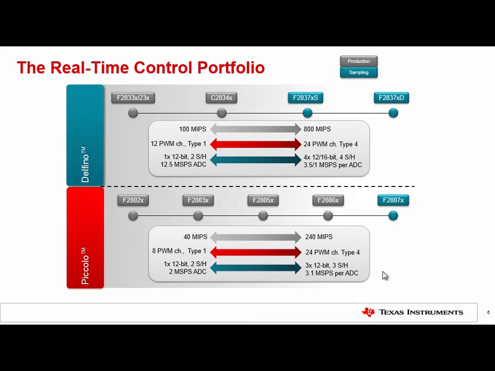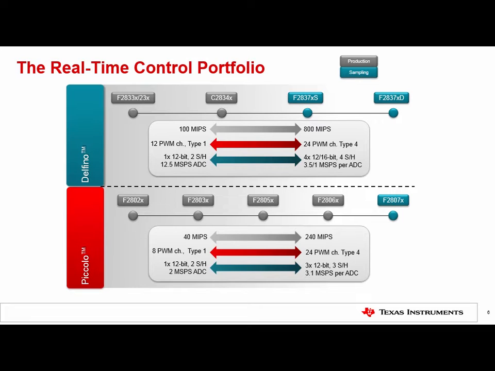If you look at the portfolio of the C2000 microcontrollers, there are two distinct brands with which you will always identify a device. There's the Piccolo brand and also the Delfino brand. The devices in the Piccolo family are more of our low-cost entry line that feature a lot of the attributes which I talked about, but have really solid performance.